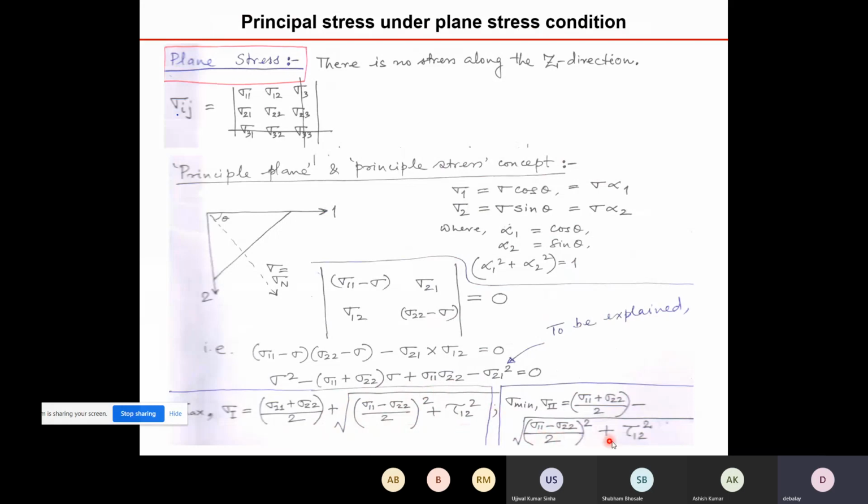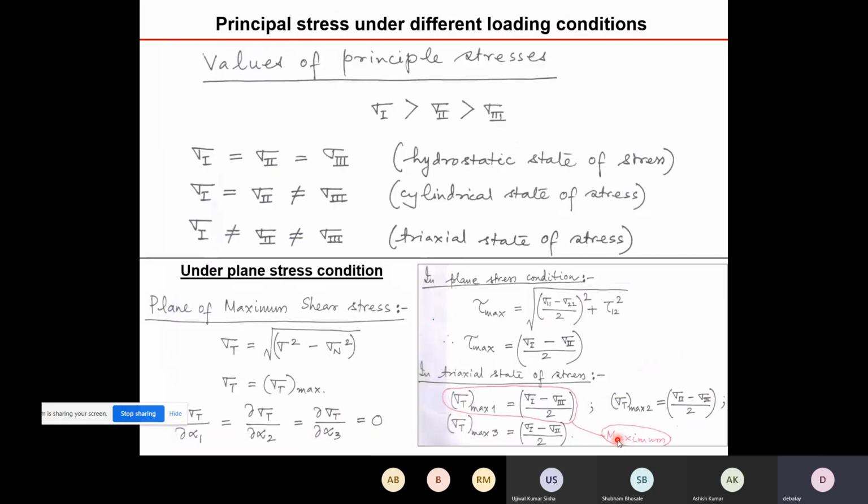So maximum shear stress can be represented by (sigma Roman 1 minus sigma Roman 2)/2. The difference between the principal stresses provides you the shear stress. This is a very important consideration.